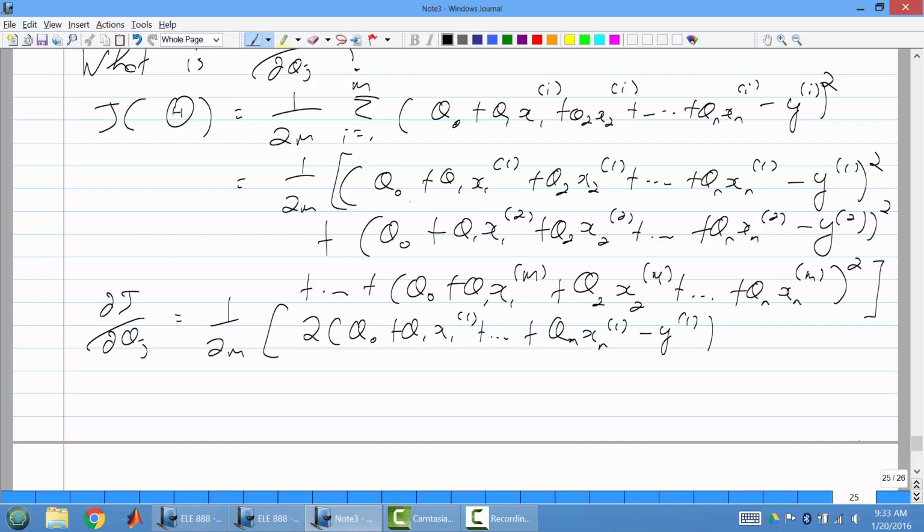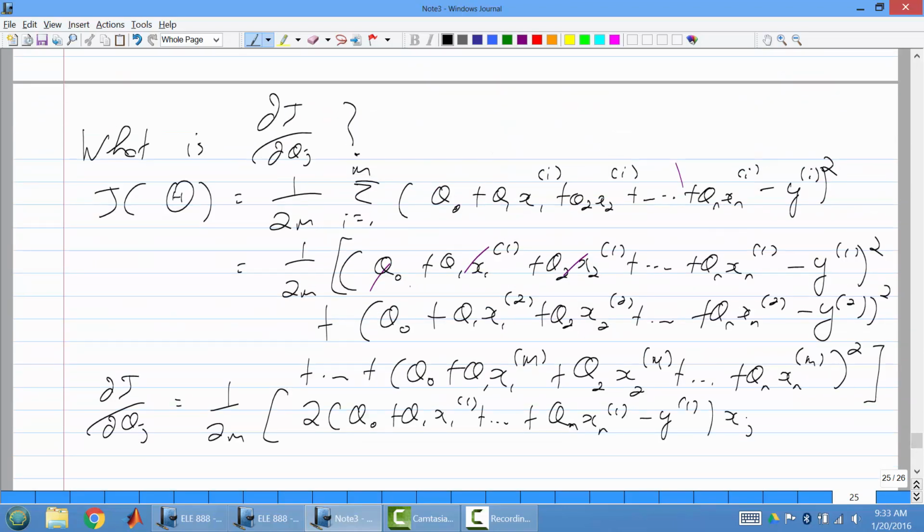Remember, you're differentiating with respect to theta j. So everything inside the bracket you can treat as a constant except for the theta j term you're looking at. When you differentiate, all of this goes away except the theta j term.